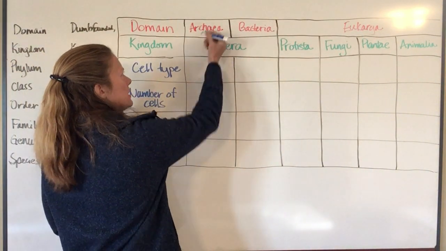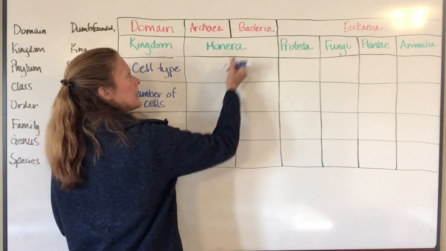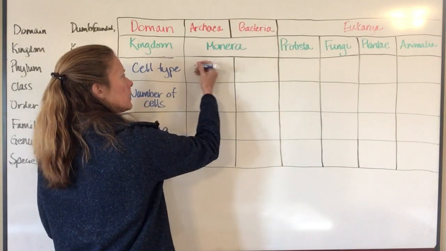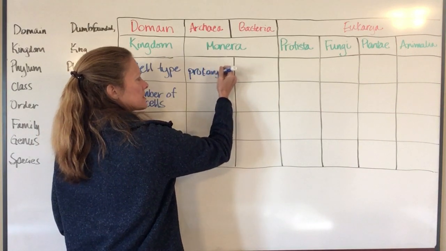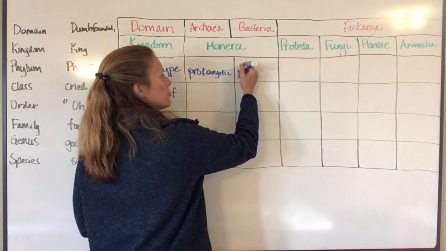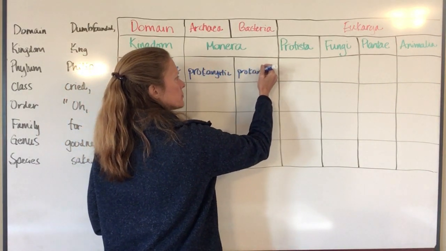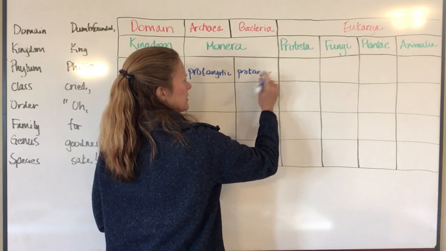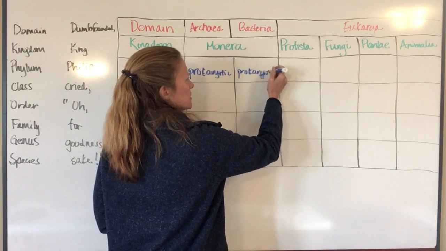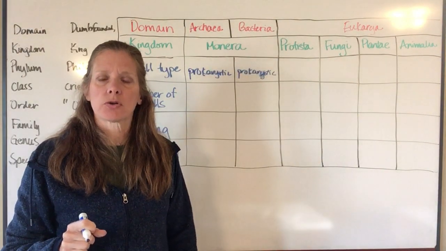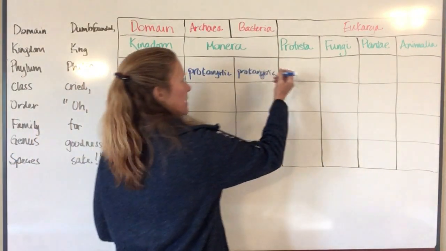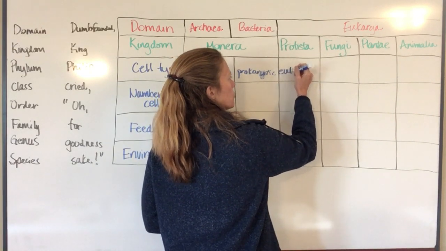This is going to be domain Archaea and domain Bacteria are both going to be prokaryotic cells. Again, no membrane-bound organelles in these organisms. And all the rest of them going across are going to be eukaryotic cells. They're all going to have membrane-bound organelles.